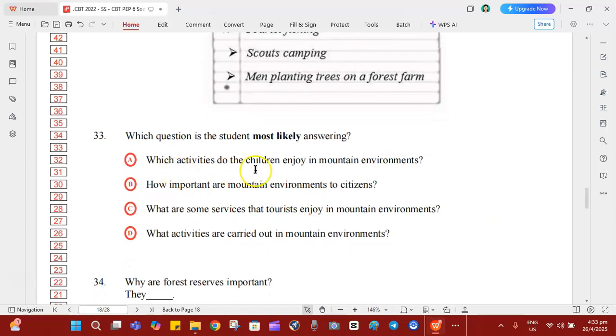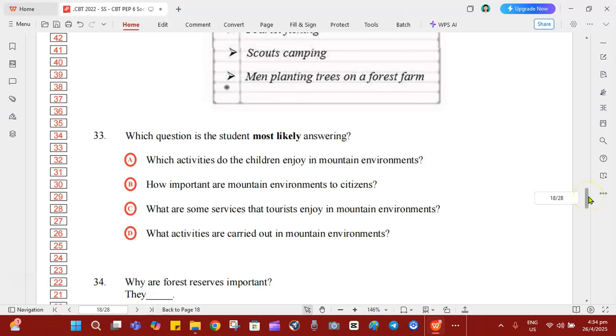A says, which activities do children enjoy in the mountain? Never mention anything about children doing anything in the answer. B, how important are mountain environments to citizens? Never gave any such thing as importance, all right? C, what are some services that tourists enjoy in mountain environments?